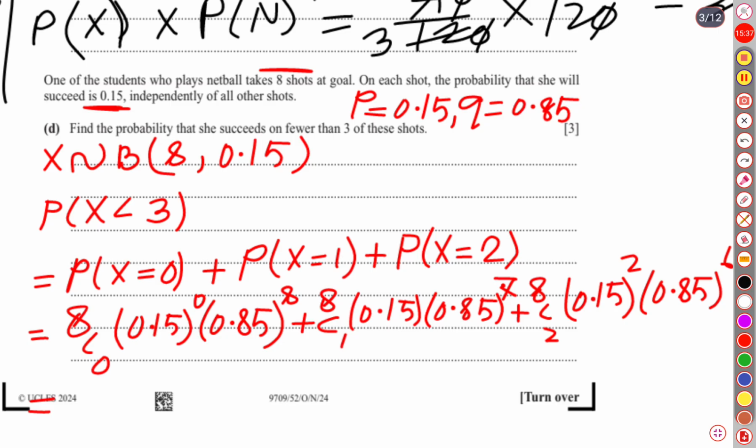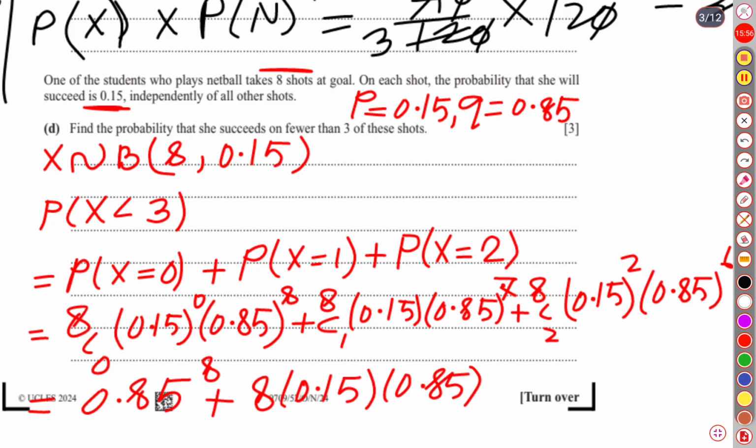And 0.15 raised to 0 is 1. So the first quantity is also 1. There remains only 0.85 raised to 8. Plus 8 choose 1 is actually 8. Well, then 0.15 and 0.85 raised to 7.